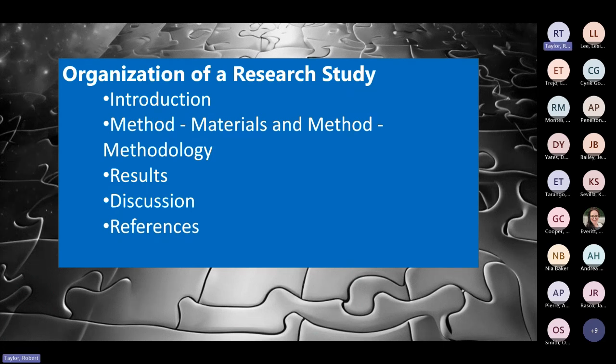And of course, as you can see on the screen here, those common sections are: they'll have an introduction, a method section. Sometimes, especially in the field of sciences, they'll also be called materials and methods or methodology. If it's a purely empirical research study, you'll most likely just see method. If it is a science research study that uses certain materials, you'll have materials and methods.